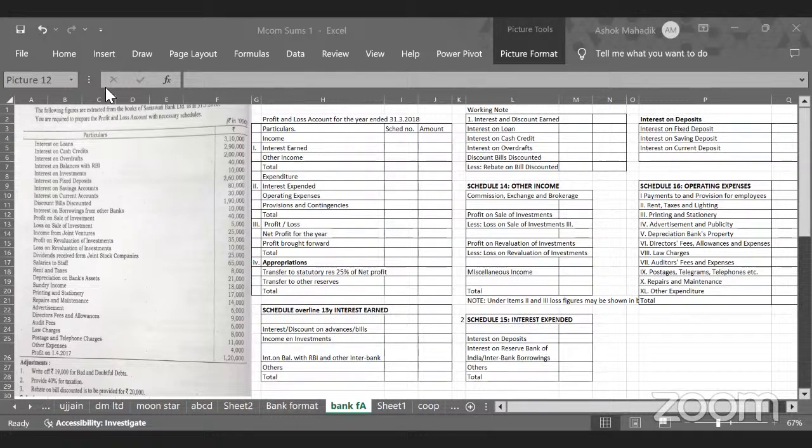Okay, some students have joined now. So they want me to go slow. No problem. We have just discussed the schedule numbers to which each and every item relates.